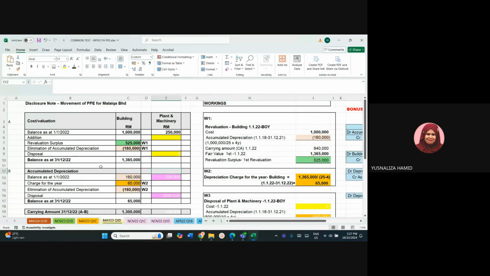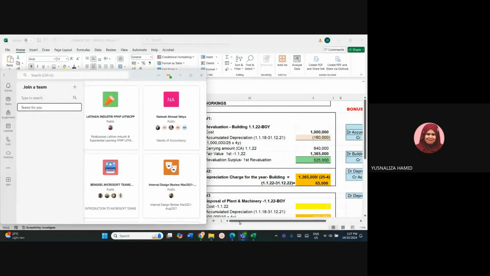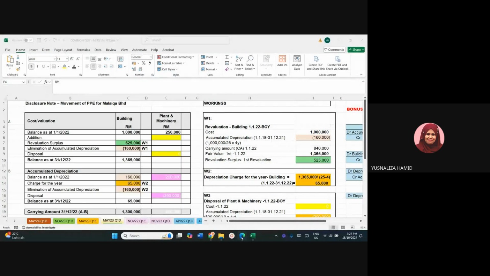So let's do that. Beginning of the year, the figure here for the machinery, the amount here was how much? Let me just check. Okay, I go back to the question. 500,000. So I wrongly put the figure. This is actually 500, but not 250.